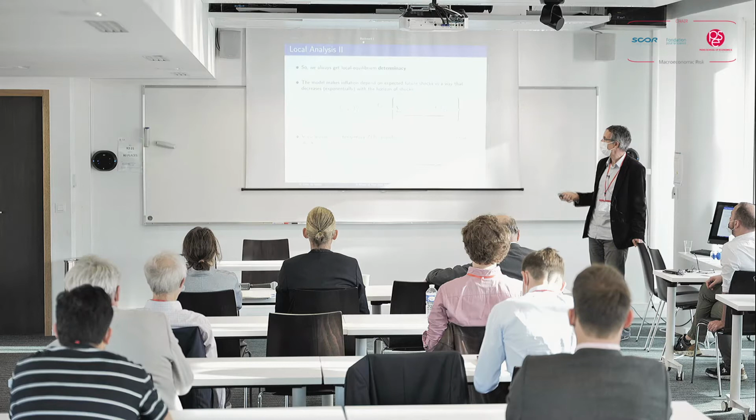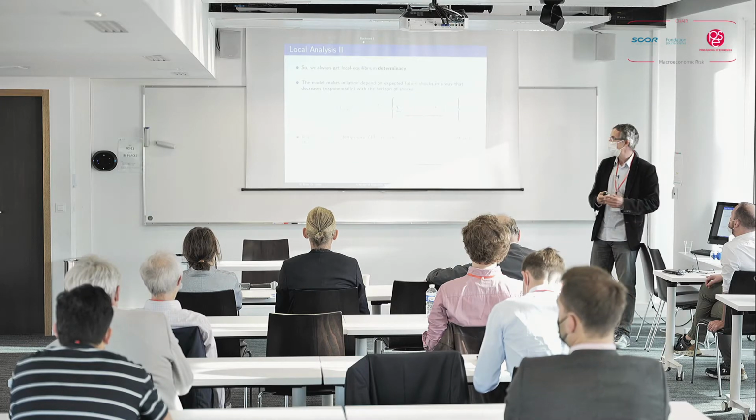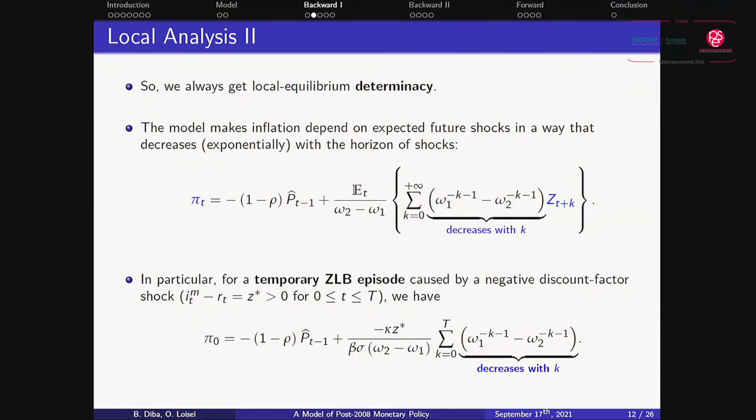So, of course, that implies that we get local equilibrium determinacy. Blanchard and Kahn's conditions are satisfied. So we can solve the model forward in time and get current inflation, pi t, as a function of expected future shocks, discount factor shocks and policy shocks, with coefficients attached to these future shocks that are decreasing exponentially with the horizon of the shocks, K, right?